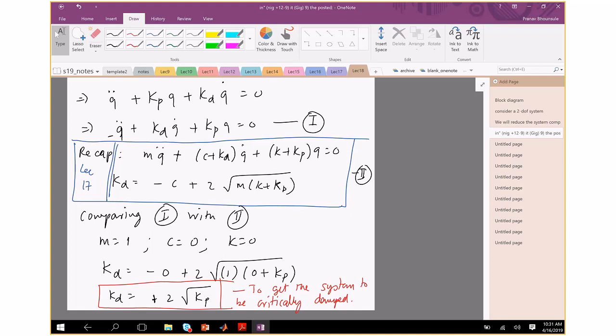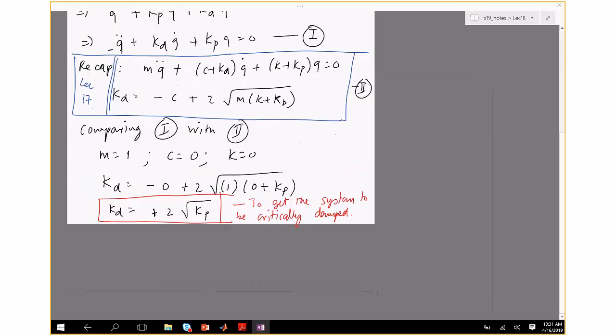So again, we can draw a block diagram for that system. I'm going to attempt to draw the block diagram, and then I'll show you a simulation of a 2 degree of freedom system based on the math. So again, the equation of the system is m q double dot plus c q dot plus k q equals torque.